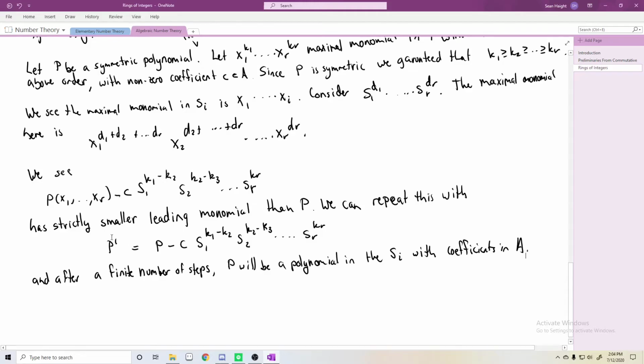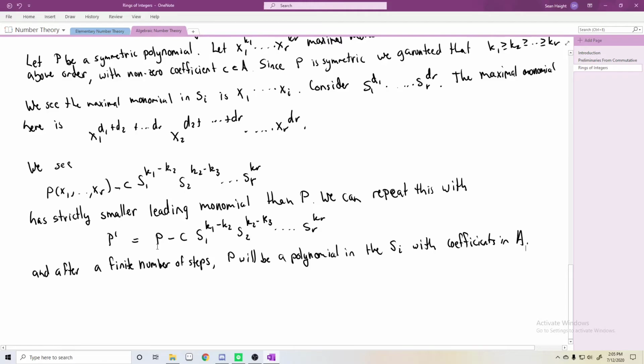P prime has smaller leading monomial, so it's necessarily in the algebra generated by the elementary symmetric polynomials, and then adding this thing over, you'd find that P is also in that algebra. So there's another way to do it that might make you more comfortable with this whole finite number of steps. This process is guaranteed to terminate because the leading monomial decreases every time, and there are only a finite number of monomials of bounded total degree, for example.